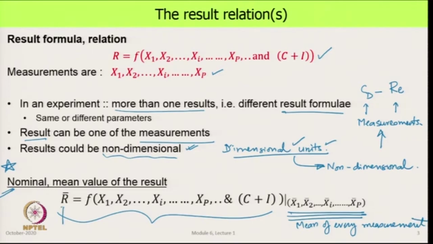And that gives us R bar, which is the mean of the result or the nominal value of the result, either way we can look at it. So, this is a simple straightforward calculation. We need to have the result formula and values of every parameter, the mean values.